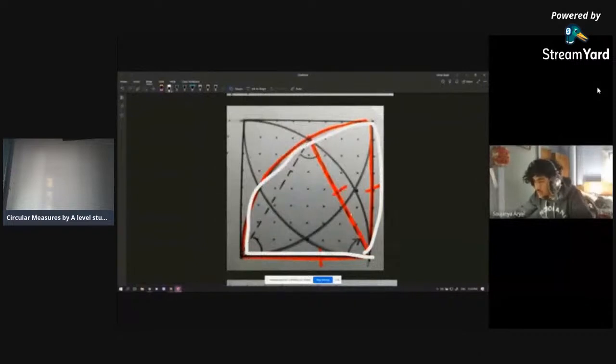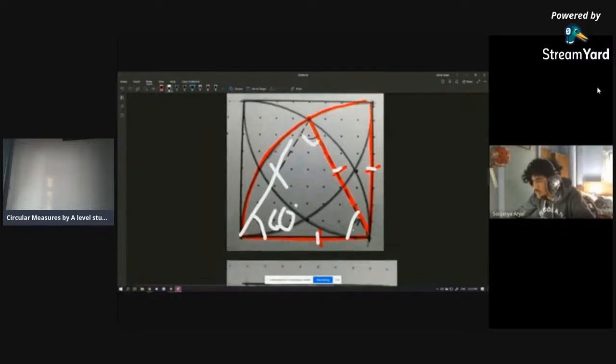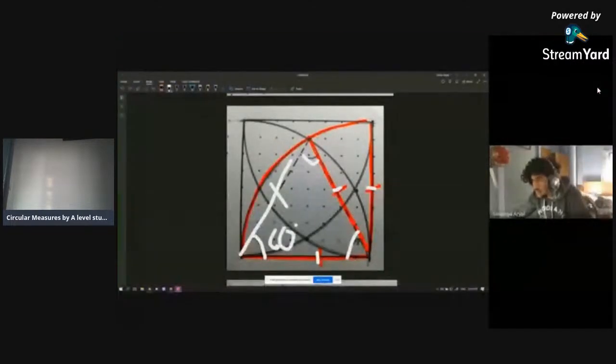Since the radius and sides are equal, all three angles will be 60 degrees, right?